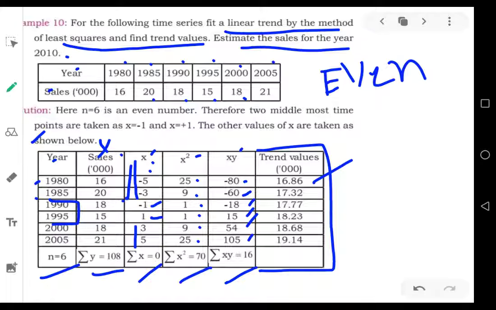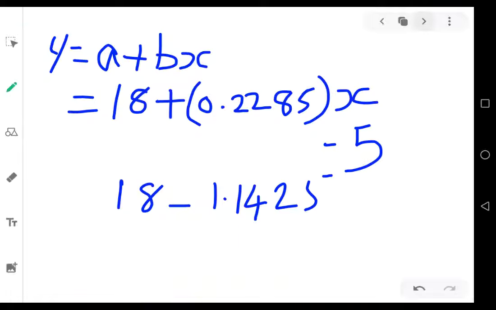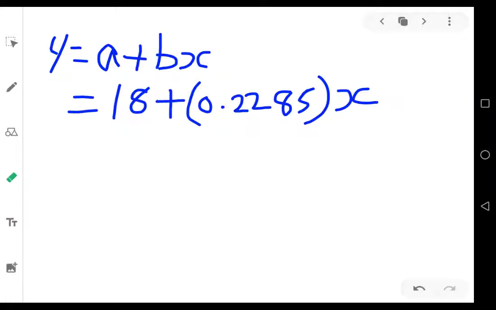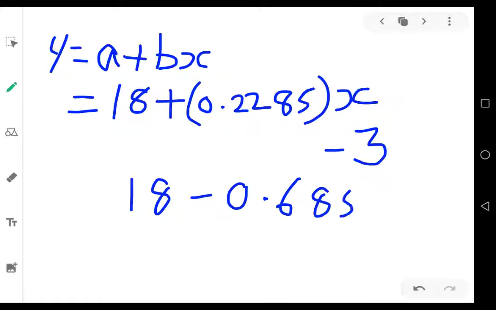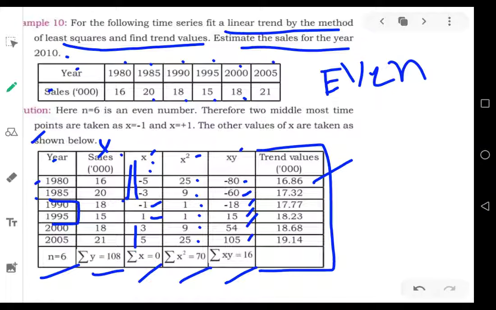Now for 1985, the value of x is minus 3. When the x value is minus 3, you calculate 0.2285 into minus 3, so you get 18 minus 0.6855. If you subtract, you should get 17.32 as your trend value.